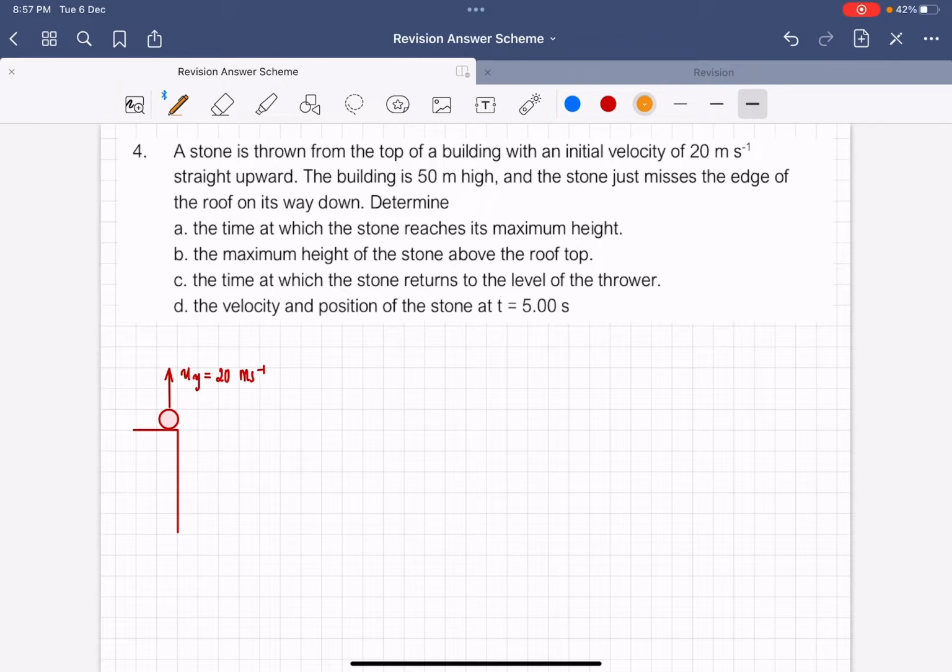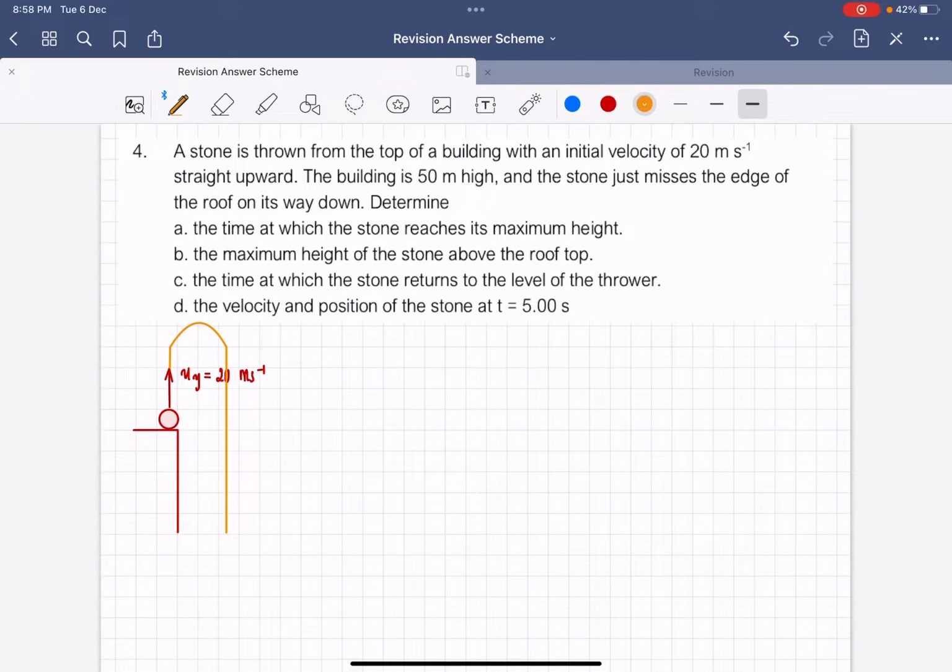So the motion of this stone is actually going to look like this. And then it will go straight down to the ground.